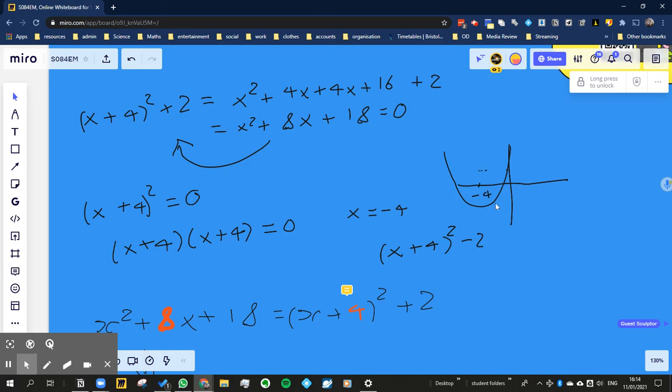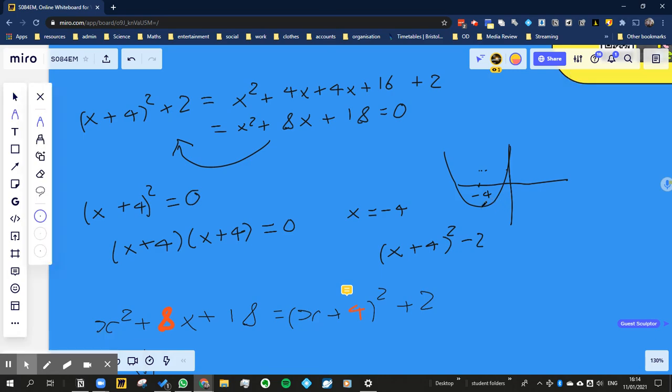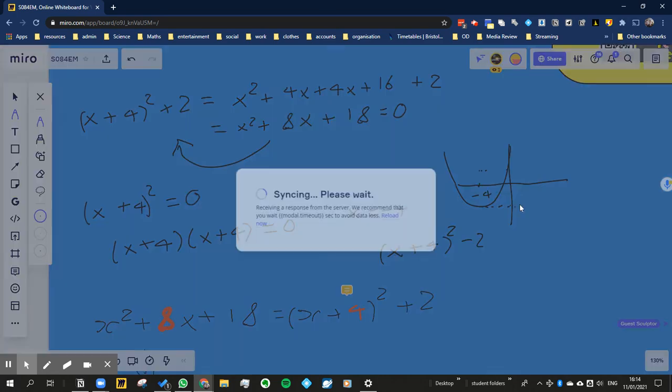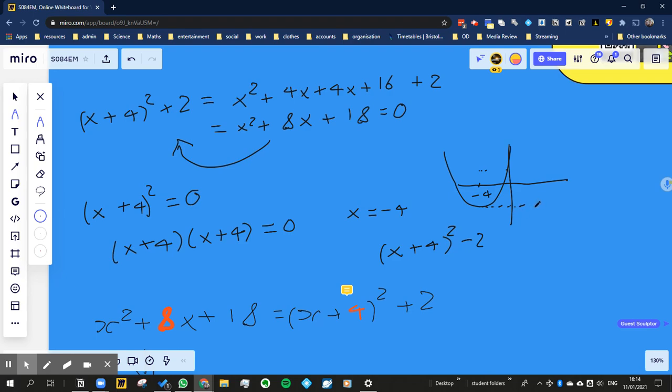Now it's going to be below, and in this situation you'd have that minus 2, and now it would have a solution. This point here would be the solution if it was equal to 0. And incidentally, you'd also have a point at which it crossed the y-axis, and in this case, when x is equal to 0, y would be equal to 18.